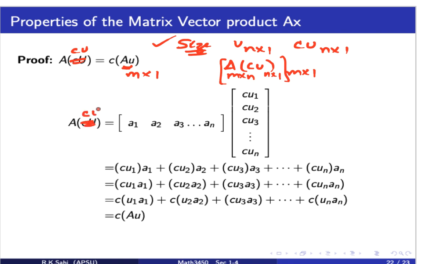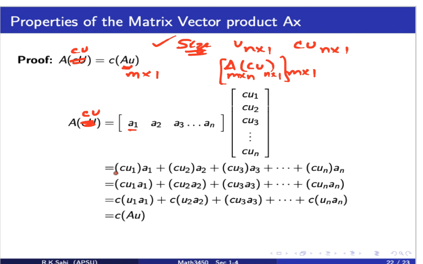So C times vector u. So it's A1, A2, An, the columns, multiplied by CU, where I've basically multiplied C to every element of the vector U. And then it's simple vector calculation here. So this is a matrix product, A1 multiplied by C times U1 plus A2 multiplied by C times U2, up to CUn multiplied by An.